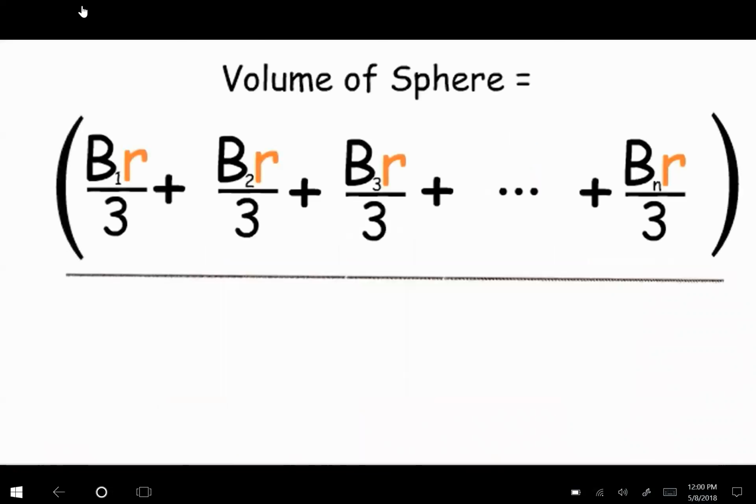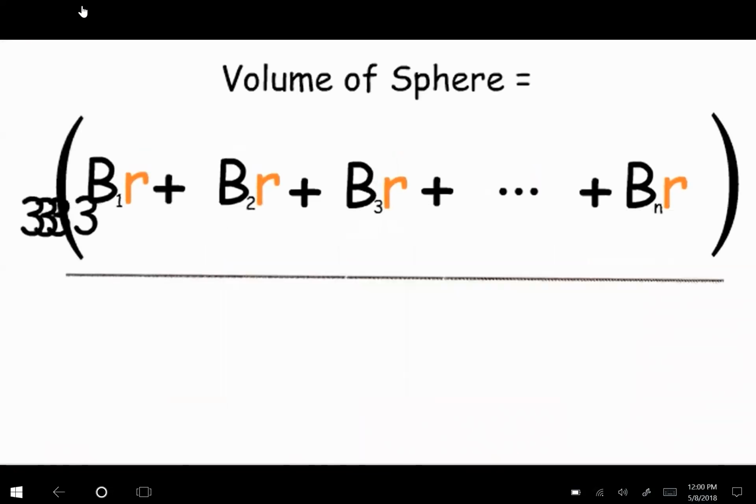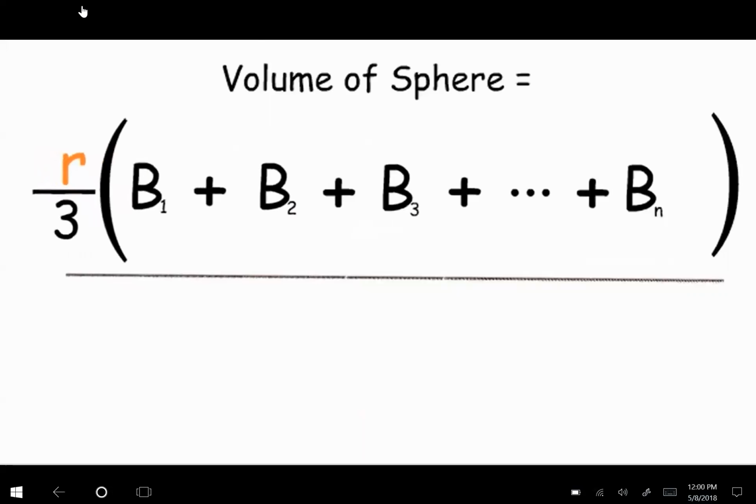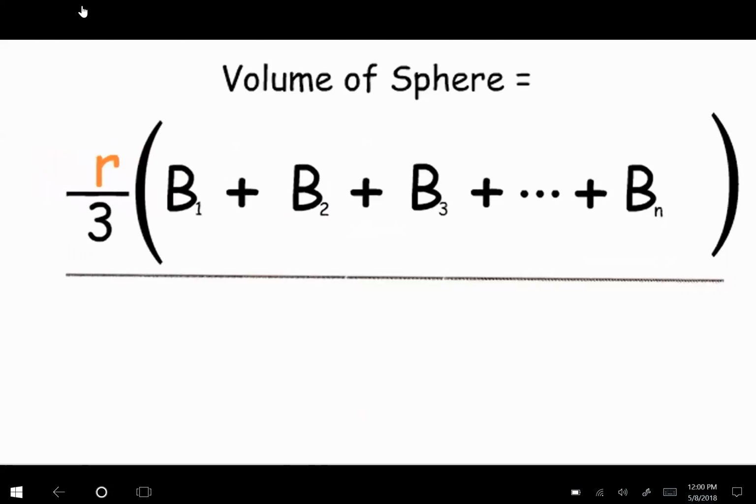So having added up the pyramids together, we have this complete simple formula to work with. Super simple. So next, we will use algebra and begin by factoring out a 1 over 3. And we will also factor out the radius, giving us r over 3 times the sum of all bases.